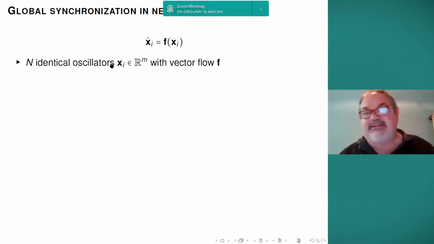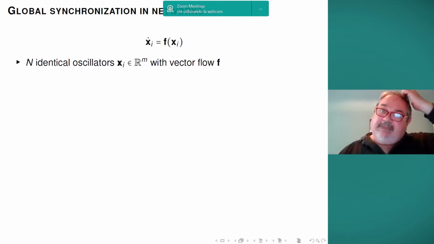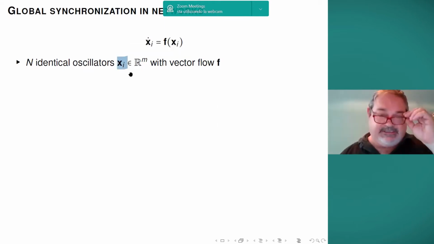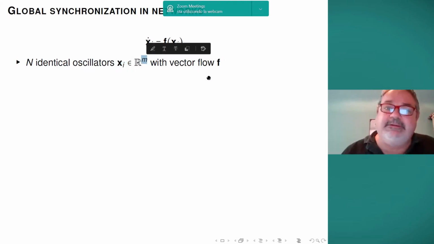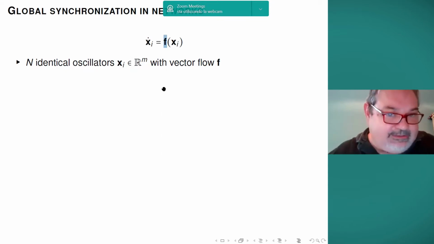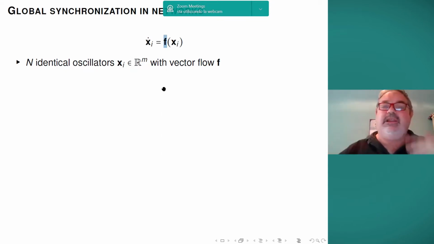It doesn't matter if they are oscillators. These systems are represented by state vectors x_i, which have m variables, so they belong to R^m, and a vector flow f. That is, in the absence of any interaction, each of such oscillators will evolve with this vector flow.